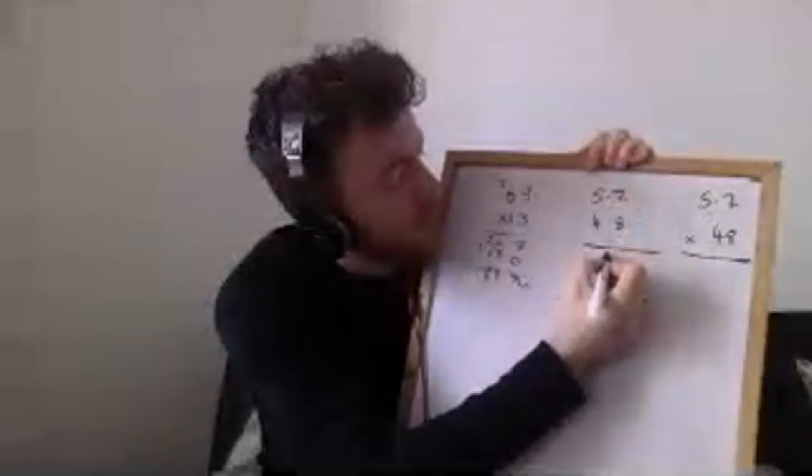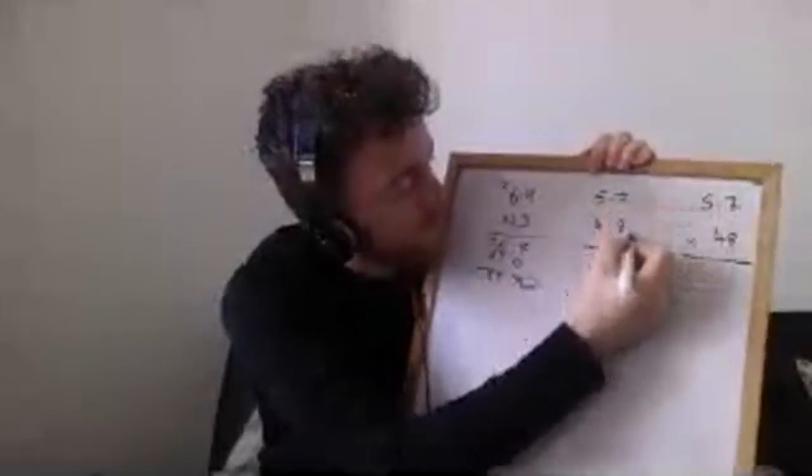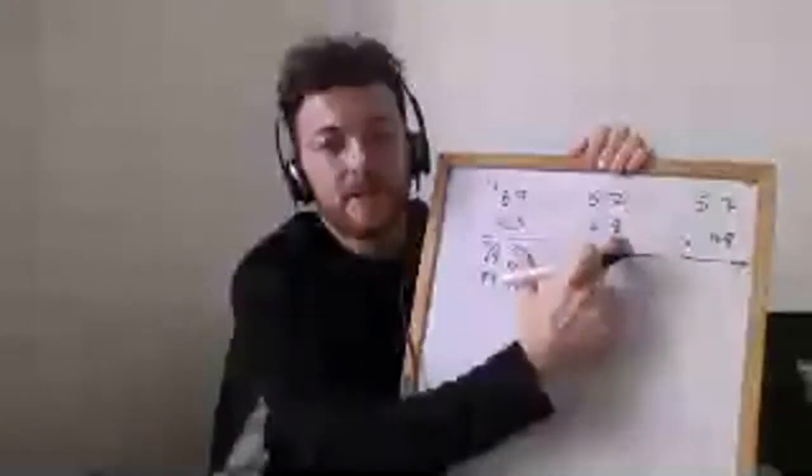Okay, so I have my place values. Here's my units, my tenths, hundredths. If I multiply by less than 1, the rule is that the answer goes back a place. It goes back 1 place value. So 8 times 7 is 56.